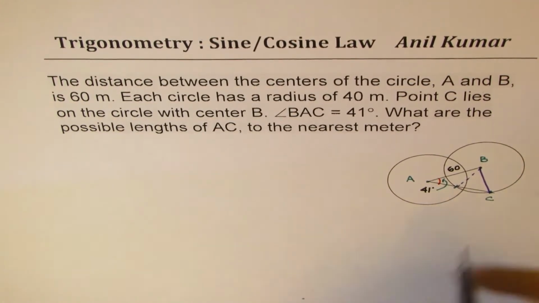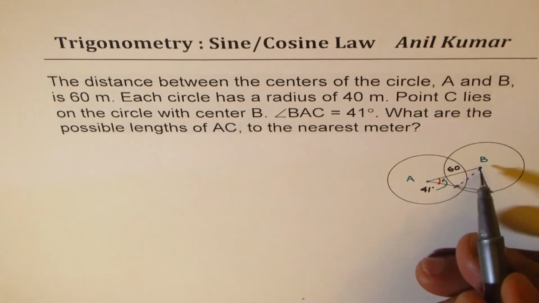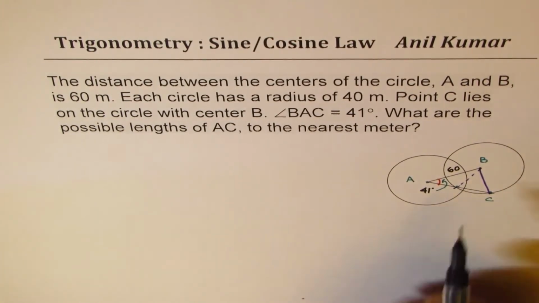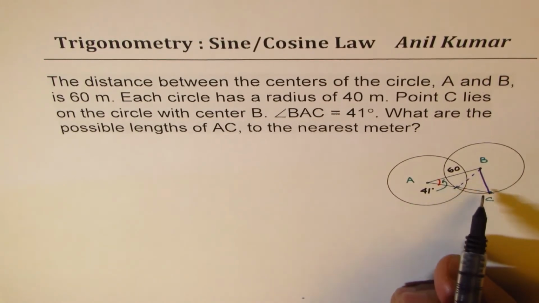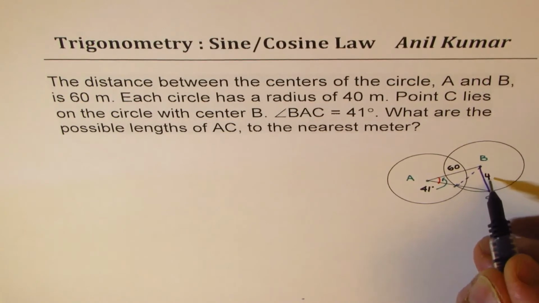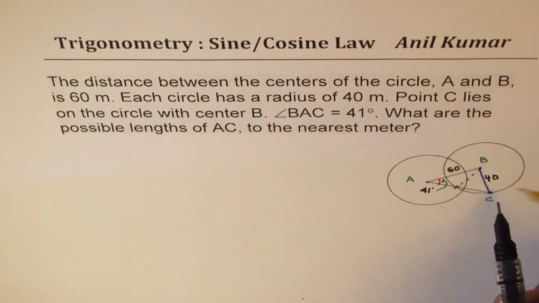But C could be tangent also, right? So there may or may not be a possibility. First let's figure out if we have two triangles or one triangle. BC is 40 since the radius is 40 for both triangles, correct?